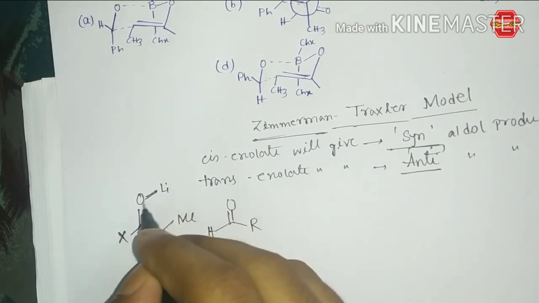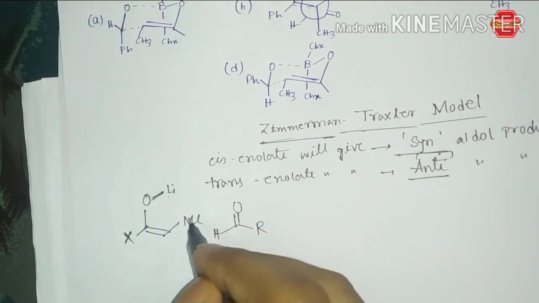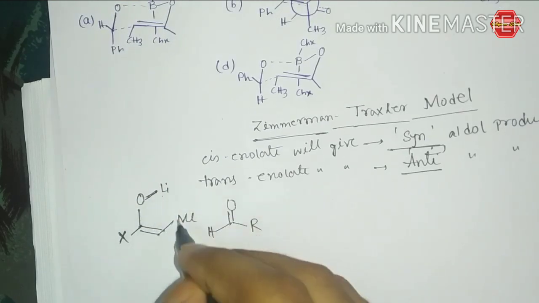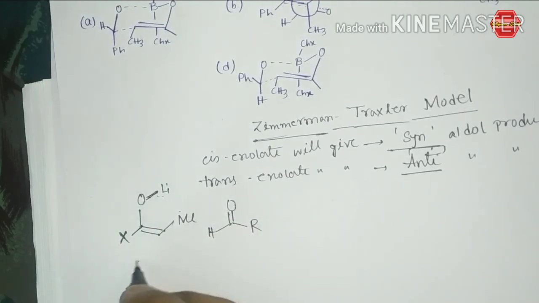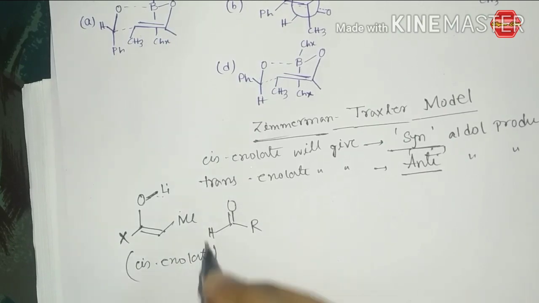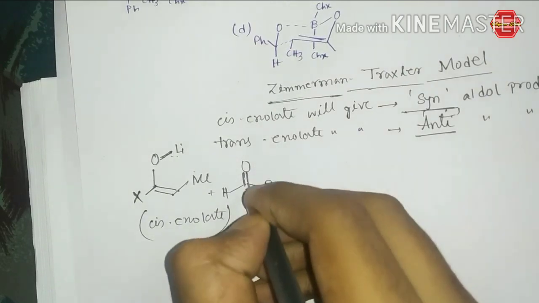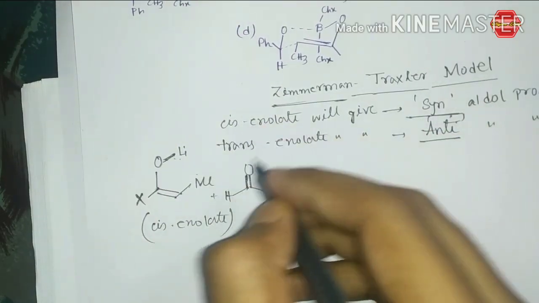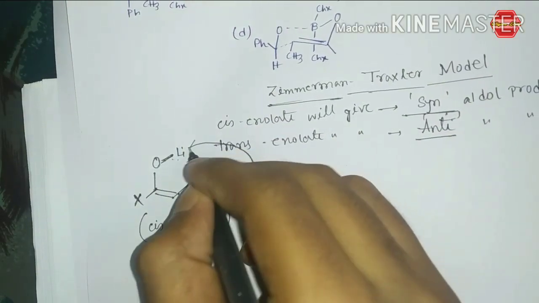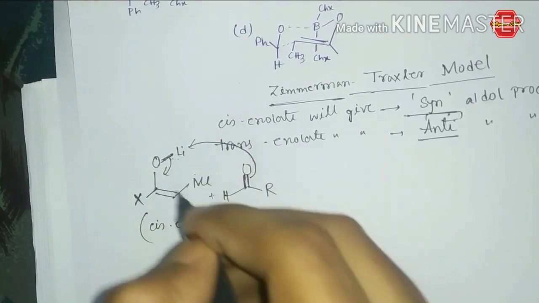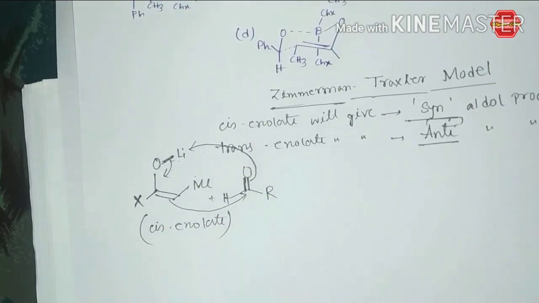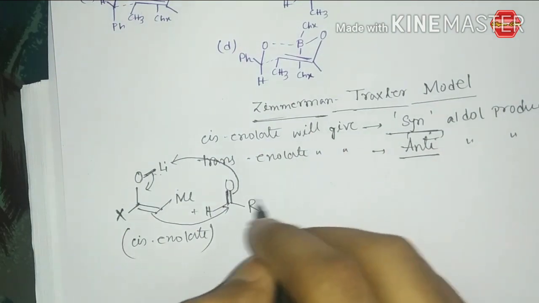This is because this O-Li bond and this methyl group are syn to each other. That's why this is called a cis enolate. Now how does the transition state occur? This is going to go here like this way.